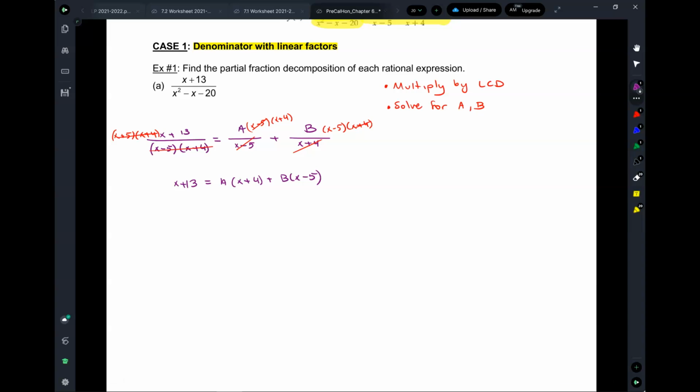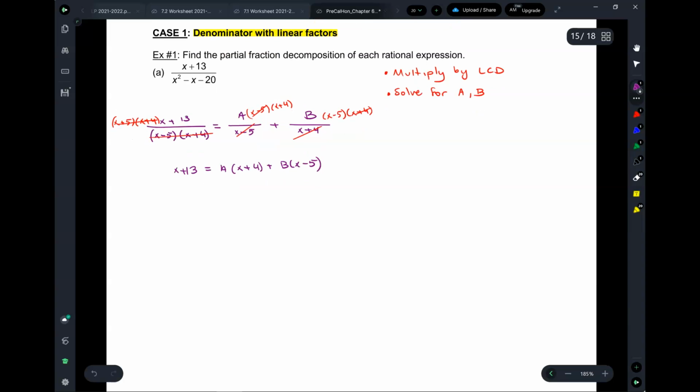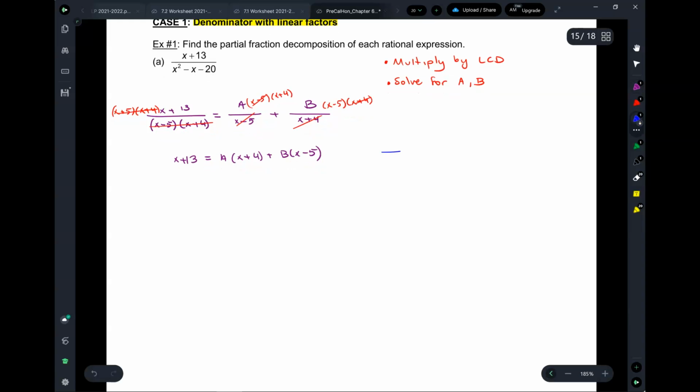Now what you're going to do is, into this equation, you're going to plug in values for x which make the parentheses equal to 0.